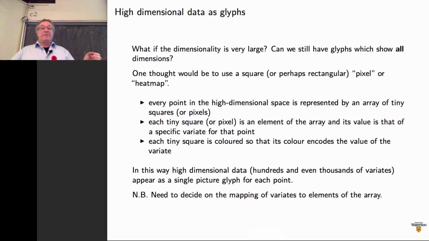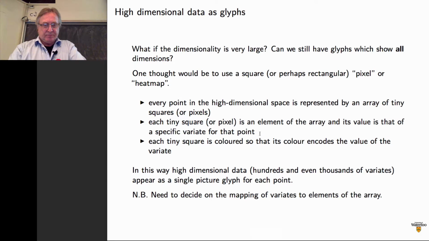So I in fact have one point in high dimensional space, and I map that point to just a single array, where every coordinate of the point gets mapped into one cell in the array. Okay? So think about it. Every coordinate in my point vector is given a position or a pixel in an array, a square in an array.